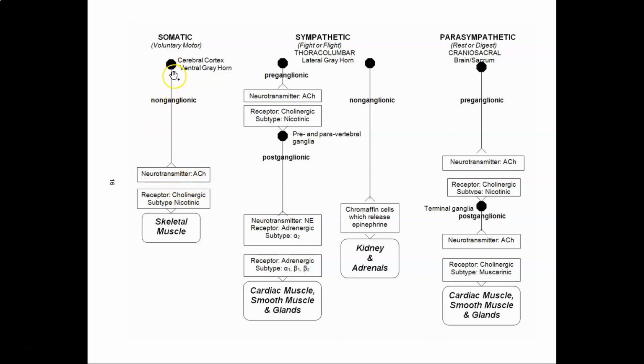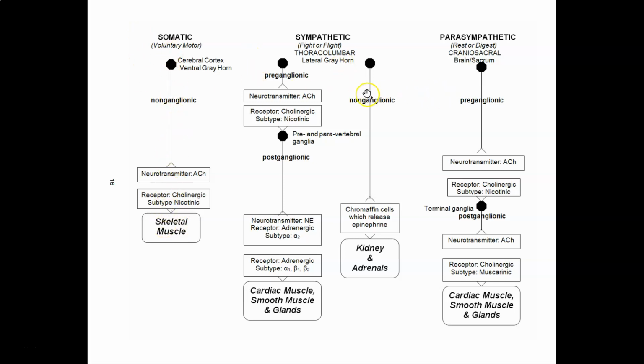So there's not a ganglion associated with these. They're just single fibers. They go to the end organ. In this case, because it's voluntary, the end organs would be skeletal muscle. And they release the neurotransmitter acetylcholine, ACH, to cholinergic receptors. Remember, any receptor that responds to acetylcholine is going to be a cholinergic receptor, and the subtype is nicotinic. So these are nicotinic receptors. So pretty simple, the somatic one.